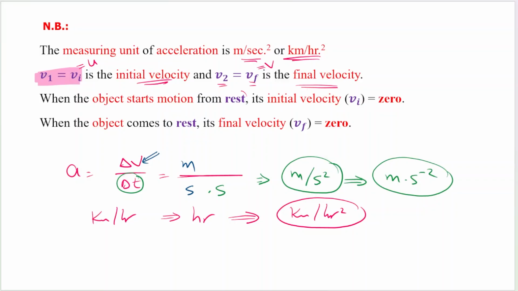We have some words which mean numbers. For example, if an object started motion from rest, it means that its initial velocity is 0. Also, if an object comes to rest, or a car stopped, it means that its final velocity is 0.